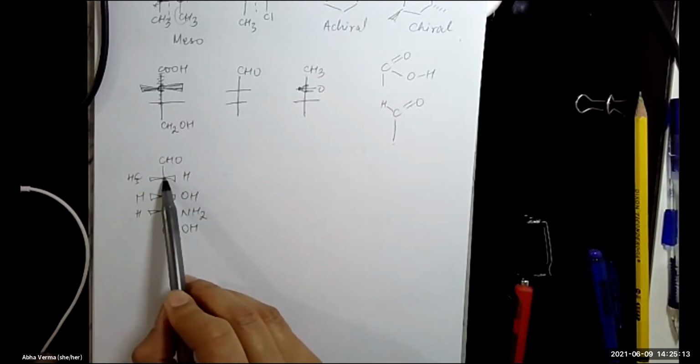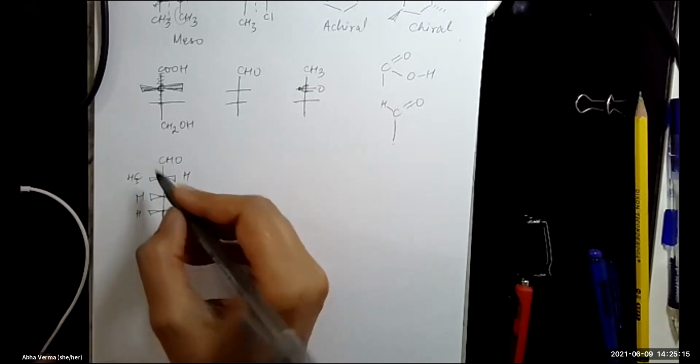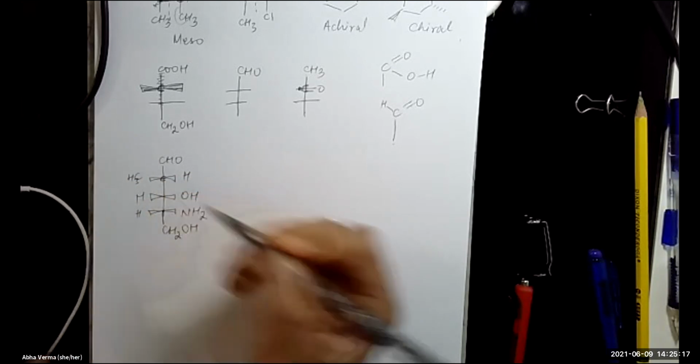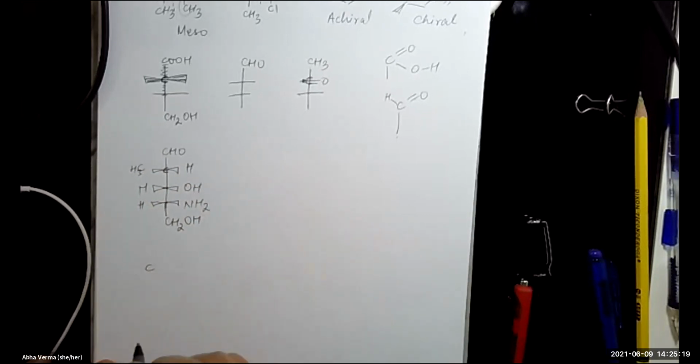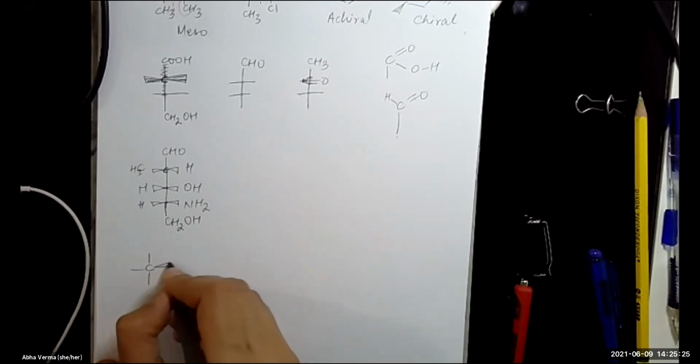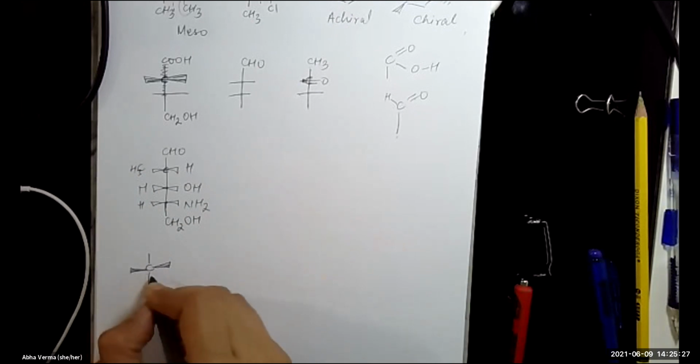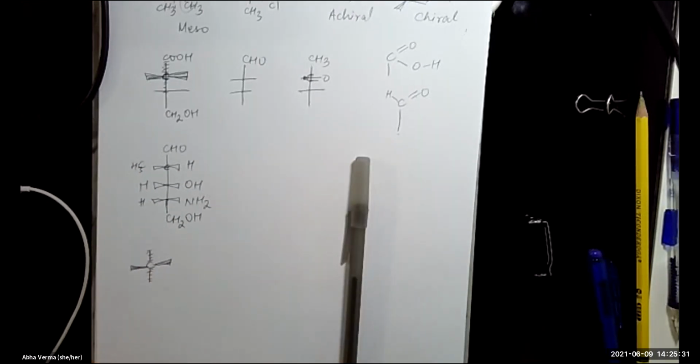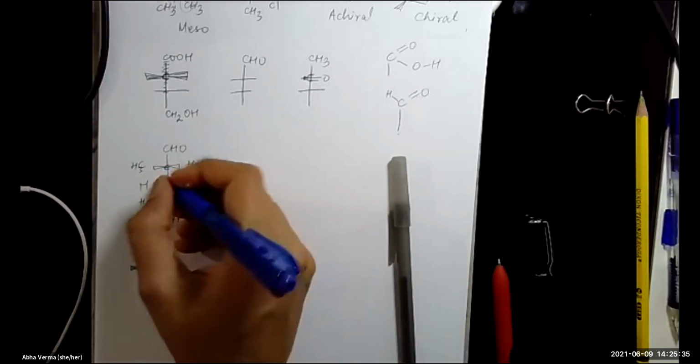So how will I go about this? I will have to look at this carbon and all the 4 groups around it. I'm going to make the same orientation as I have to. Looking at this group, which is the biggest group on this?